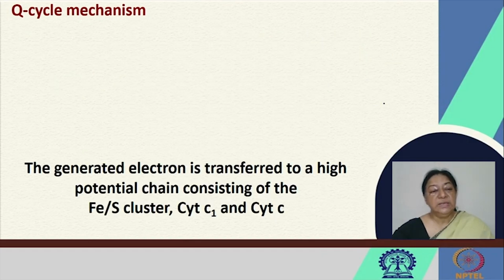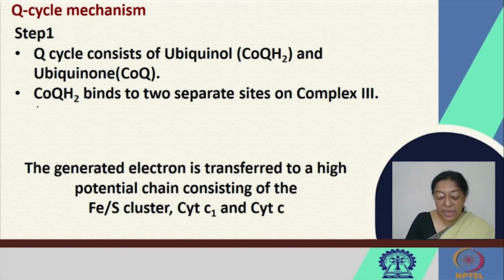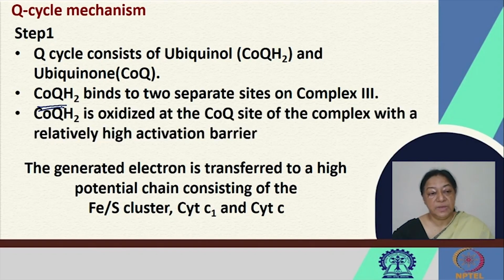In the Q cycle mechanism, there are two steps, where we have the Q cycle consisting of ubiquinol, that is CoQH2, and ubiquinone, CoQ. We have this CoQH2 bind to two separate sites on complex 3. As a result, there is a CoQH2 oxidized at the site of the complex with a very high activation barrier.